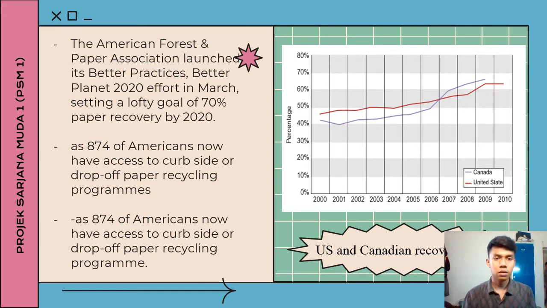Basically, the American Forest and Paper Association launched its Better Practices, Better Planet 2020 effort in March, setting the lofty goal of 70% paper recovery by 2020.